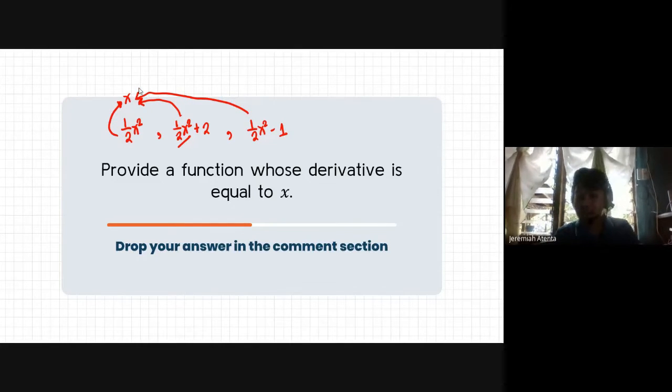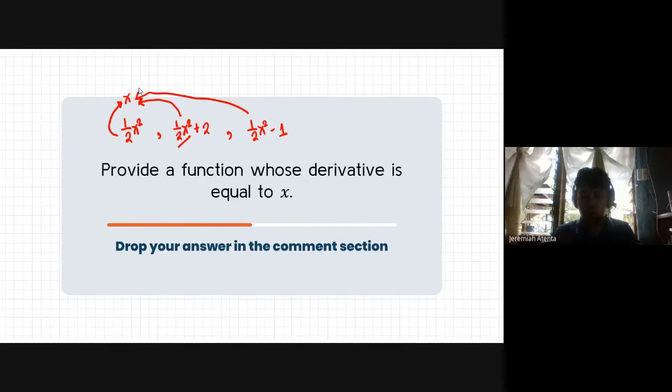So from that, we have provided a function whose derivative is equal to x and they only differ by the added constant. Okay, so therefore there are a lot of answers or functions with derivative equal to x. So very good.